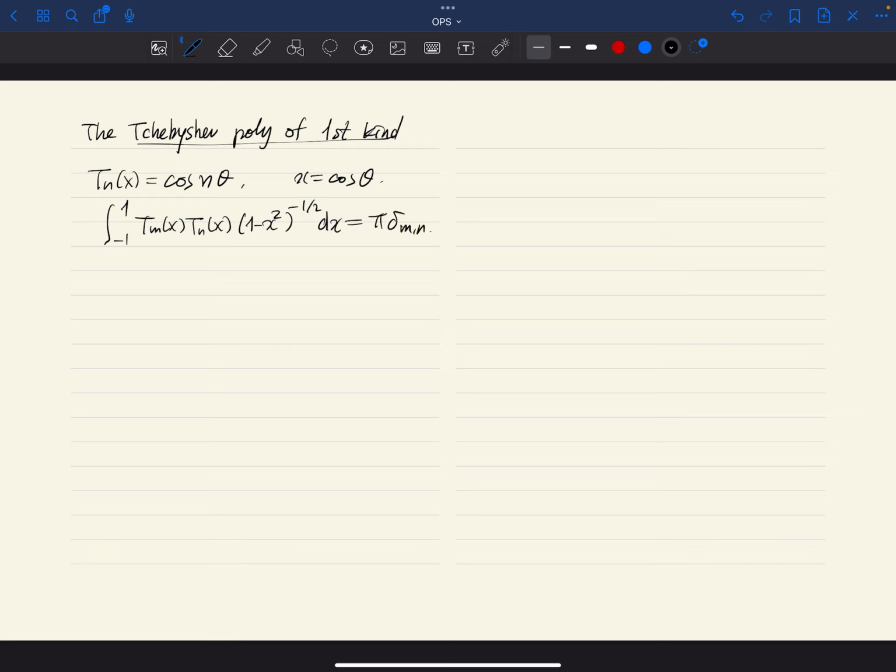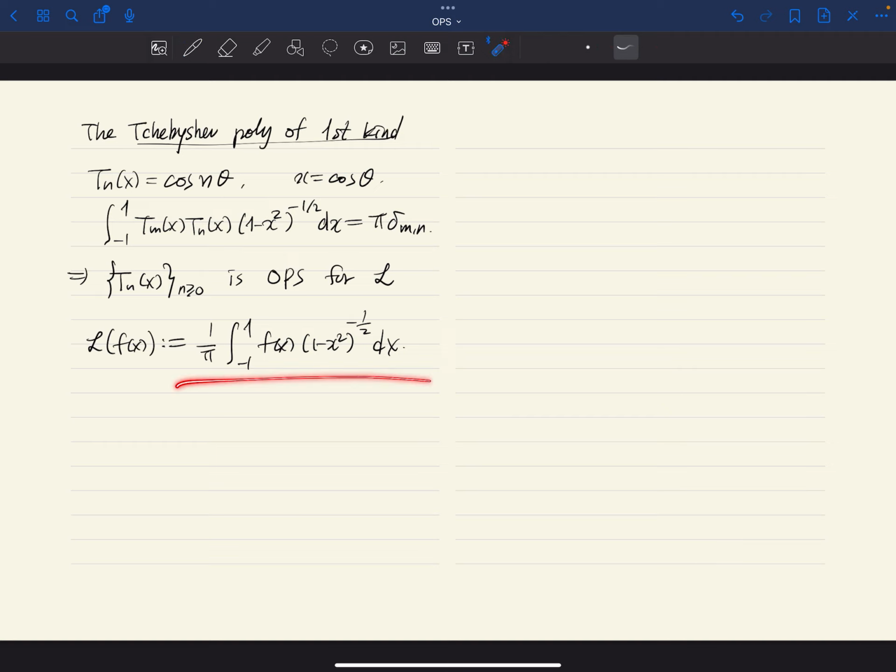Then we want T_n(x) to be an OPS for L, but we want L to be a linear functional with L of 1 equals 1. So to do that, L of f(x) is defined to be 1 over pi times that integral. If we define the linear functional in this way, then they are orthogonal with respect to this linear functional.